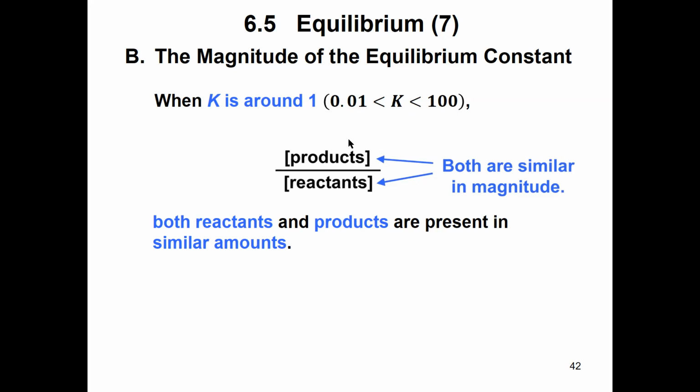So the concentration of product is similar to the concentration of reactant. And that means the equilibrium is a real equilibrium, if you will, in the sense that you have both reactant and product present in similar amounts at the same time, right? So you can see it as something more balanced, where you have both reactant and product there, and you cannot ignore one or the other.